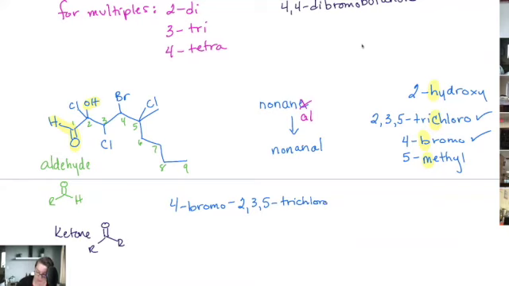Did that one. Next is H. So I'm going to have dash 2 dash hydroxy. Did that one. Last one is dash 5 dash methyl. Oh, there shouldn't be a space there. I don't want you to think there is a space. Nonanal.